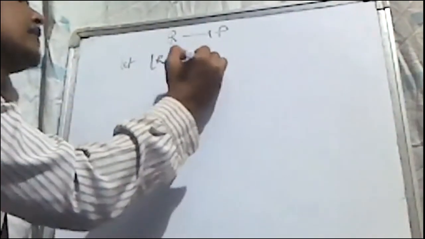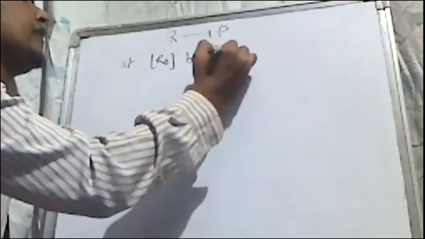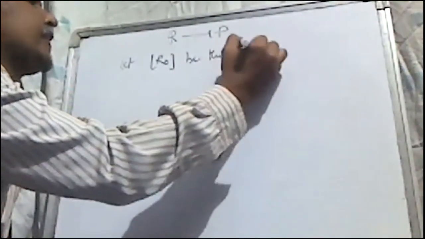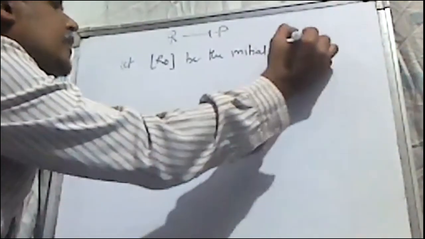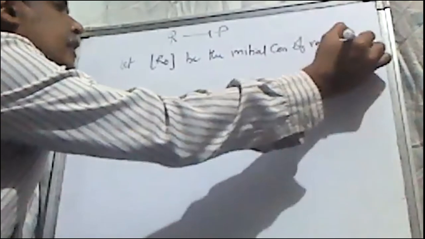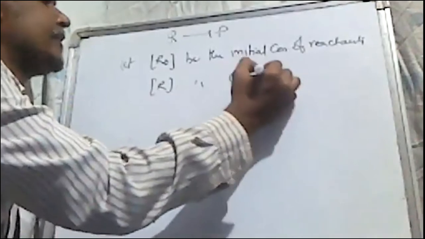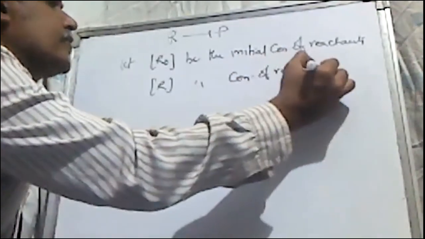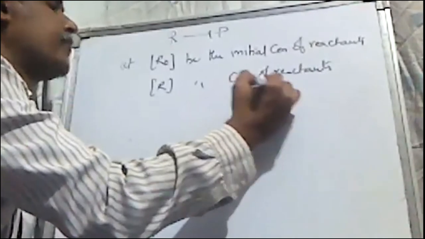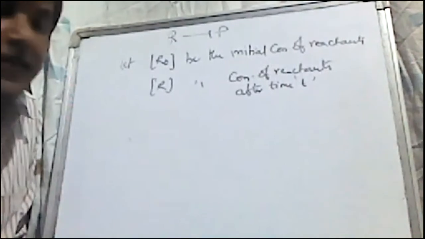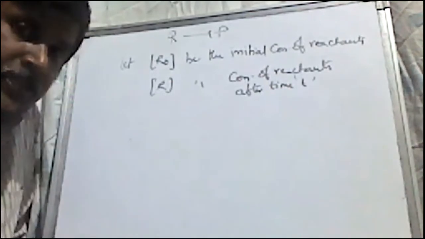Here also assume that R naught is the initial concentration of reactants, and R is the concentration of reactants after time t.